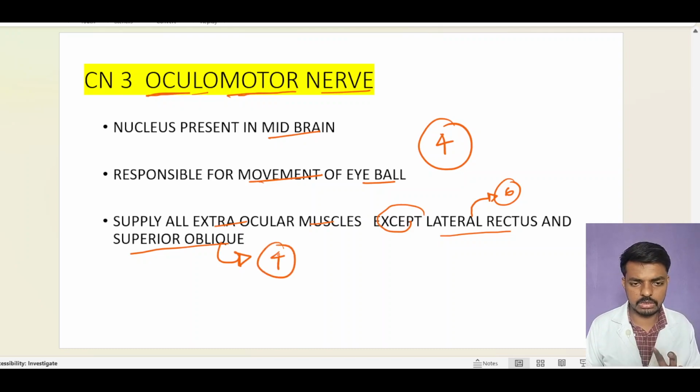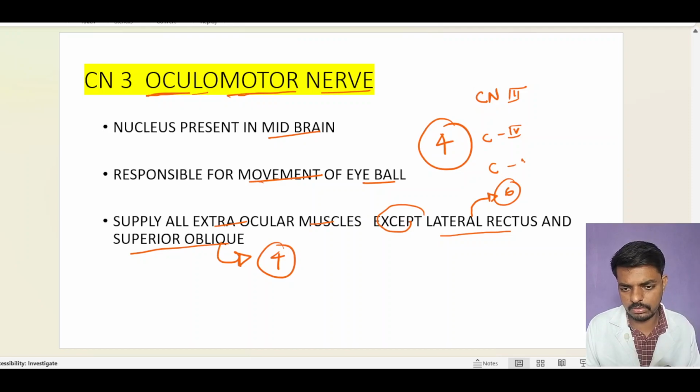In total, 3 cranial nerves supply the extraocular muscles: cranial nerve number 3, cranial nerve number 4 and, very important, cranial nerve number 6. These 3 cranial nerves supply our extraocular muscles and are responsible for the movement of our eyeball.